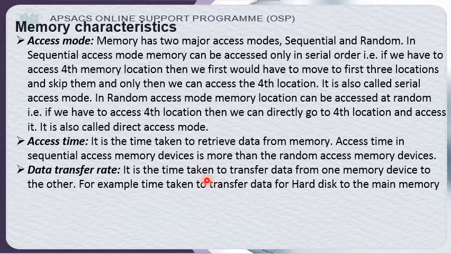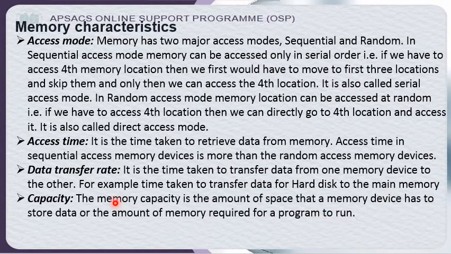It basically tells how fast your memory is, and the faster it is, we can say that is a better one. For example, the time taken to transfer data from hard disk to the main memory.